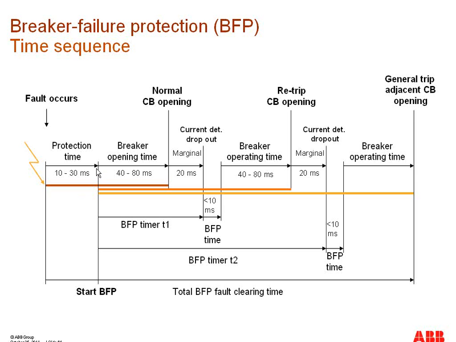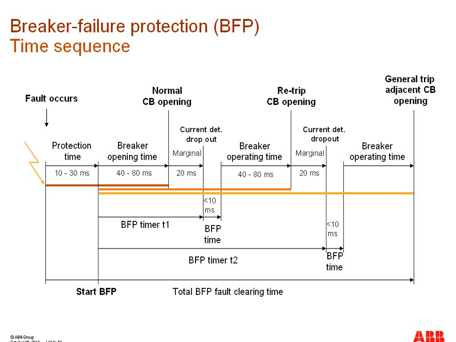And from that point, the breaker failure timers T1 and T2 start. 40 to 80 milliseconds is the breaker opening time, and then we give a little bit of margin, about 20 milliseconds. And if the current is still there at the end of the timer T1, then a trip signal is given out.